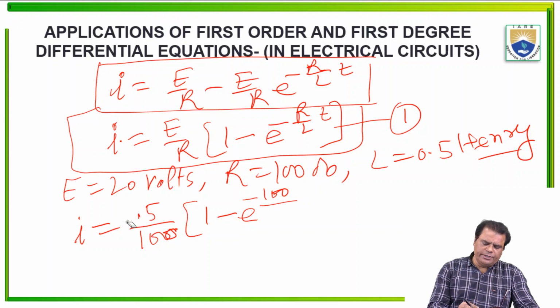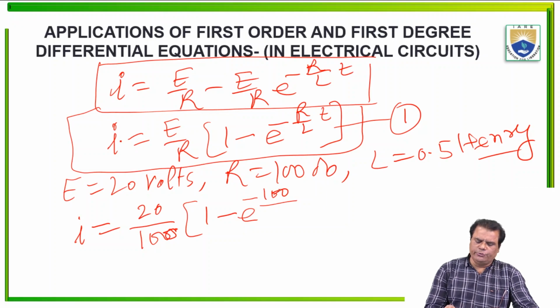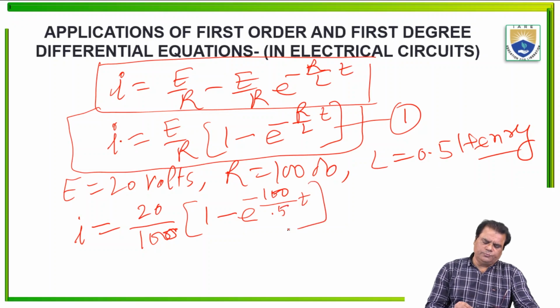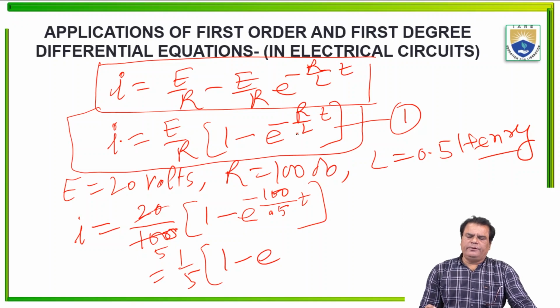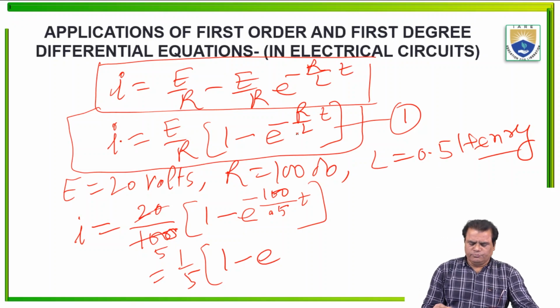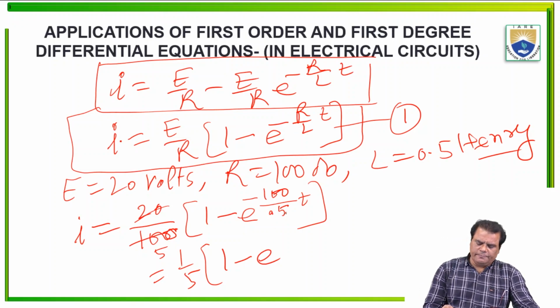So here E is 20, 1 minus e to the power minus R upon L, 100 upon 0.5 and T. So 20 upon 100 is 1 by 5, e to the power minus 100 upon 0.5 t, which is 200t.